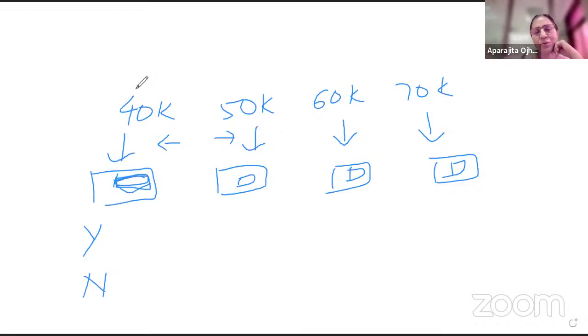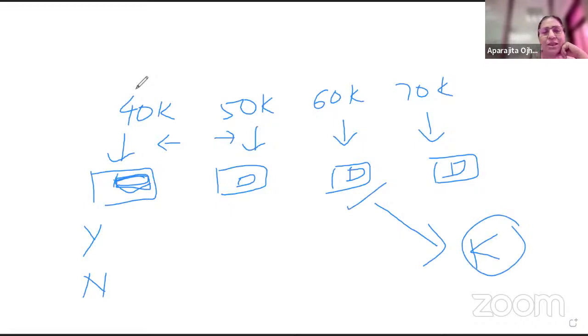The person whose salary is close to 60K will have the key of this box. So he takes the key of this box and you take the key of, say, this box, right? So Alice takes the key of this box and Bob has the key of this box.